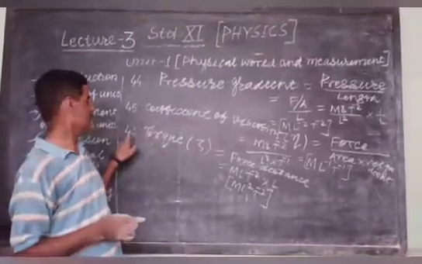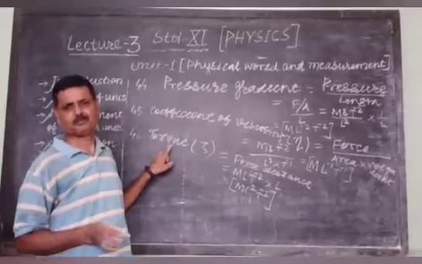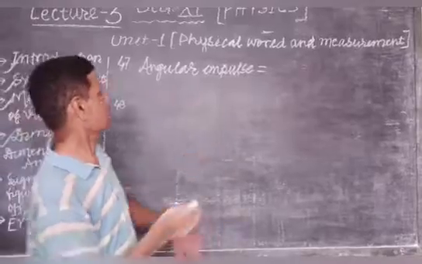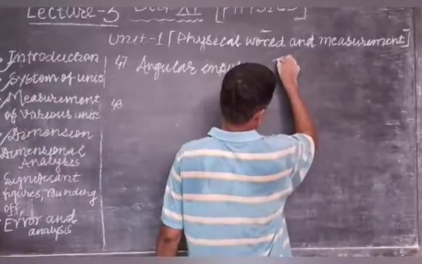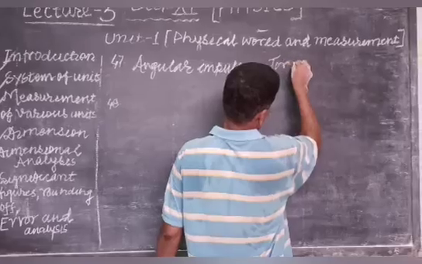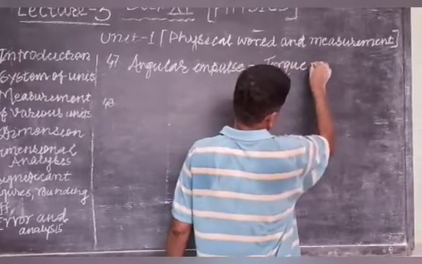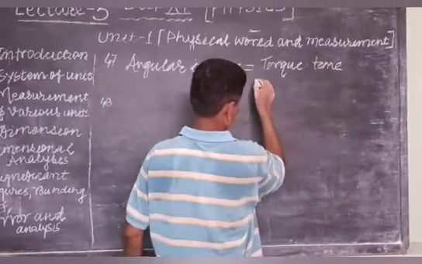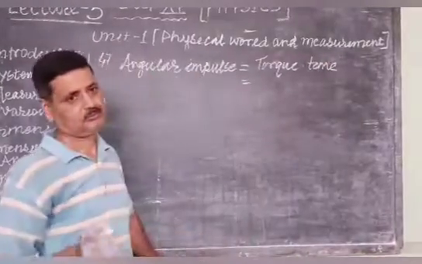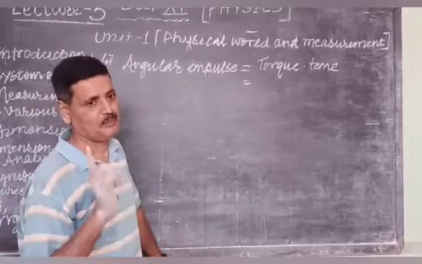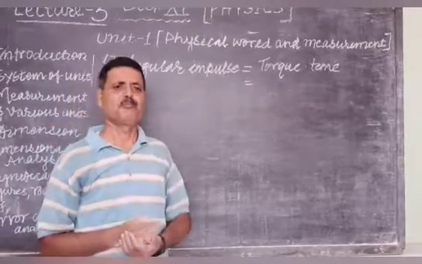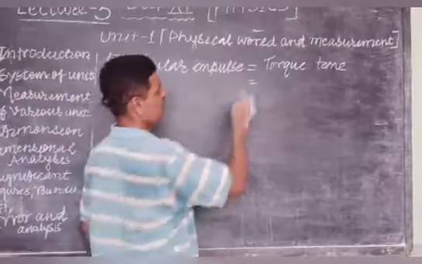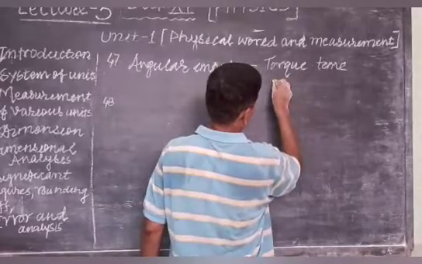Now it was your 46. Serial number 47 is your angular impulse. Angular impulse is torque into time. Serial number 46 was torque, equal to ml square t to the power minus 2, force into distance.